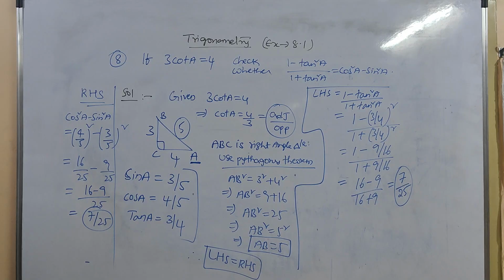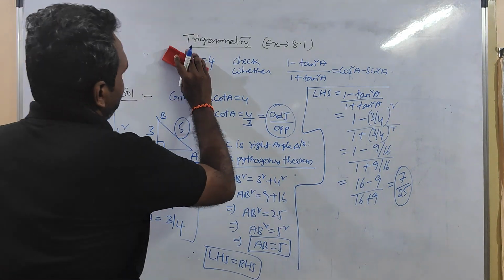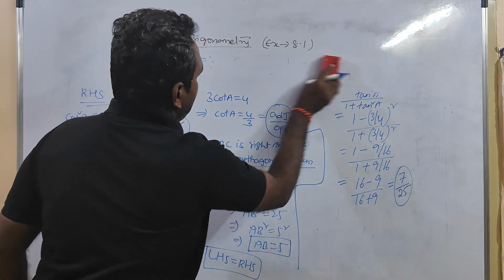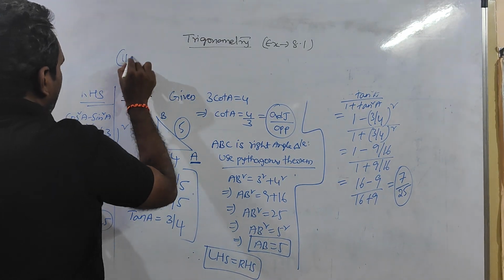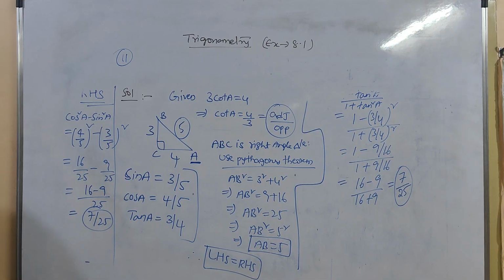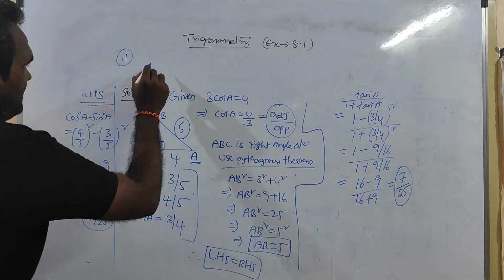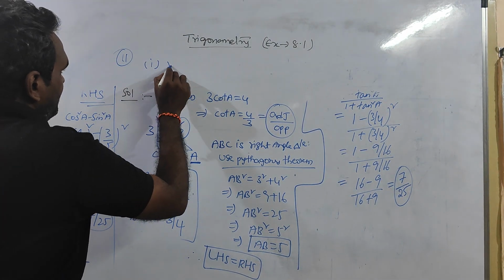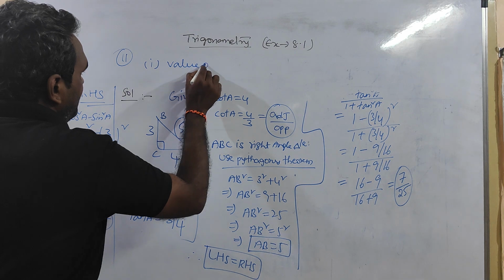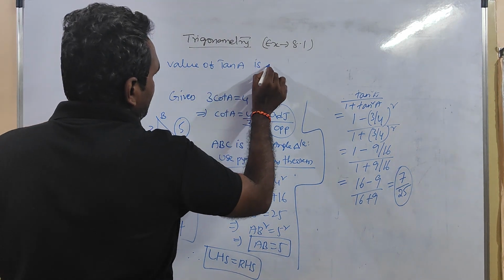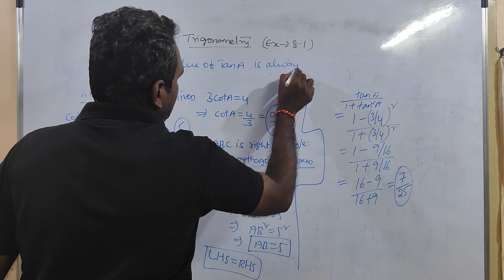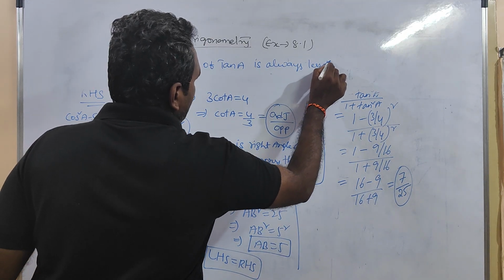And regarding problem number 11, the first bit is: value of tan A is always less than 1.